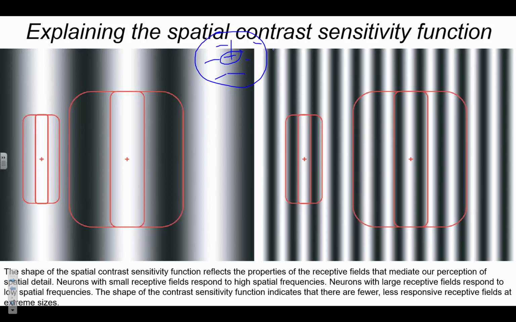What they've shown you here is they've sort of taken that structure and just elongated it, right? So don't get too wrapped up about it. We've got an excitatory center, sort of a rectangle, and two inhibitory flanks on either side here. Okay? And what we're representing here are neurons with small receptive fields and neurons with large receptive fields.